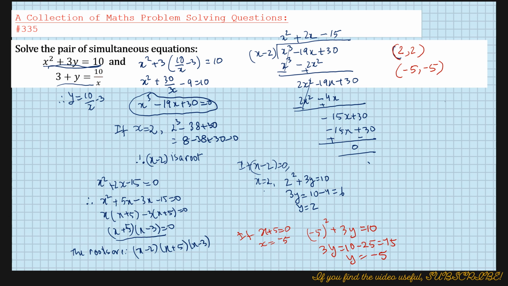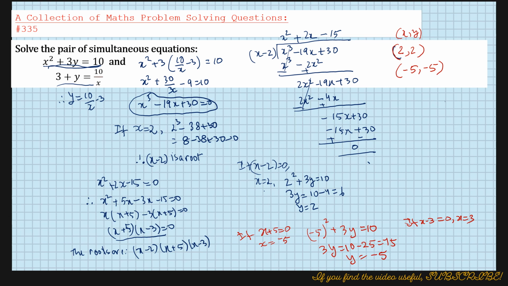I'm just writing it as a pair, x and y. The next one would be when x minus 3 equals 0, x equals 3.